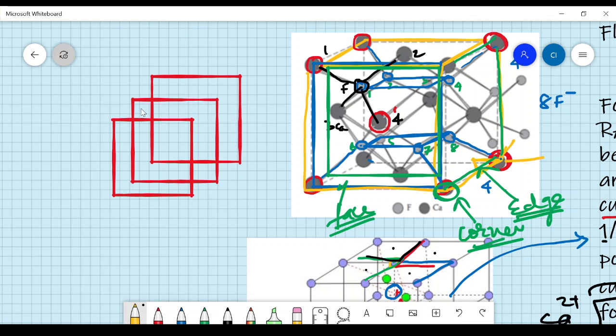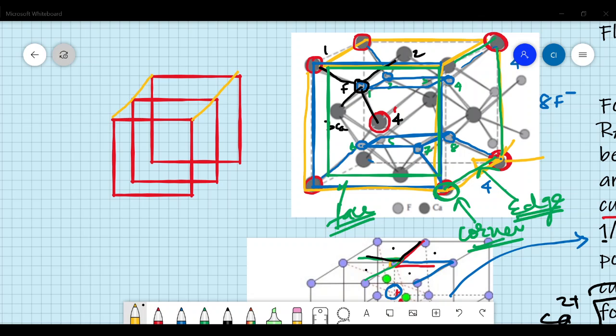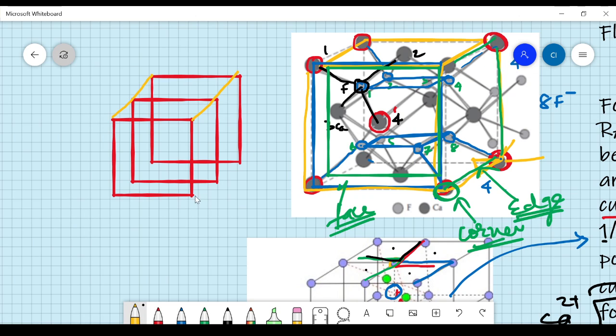So I'm just joining them. If I join them, I can even draw a structure like this. Right? So after drawing, you get four cubes like this.